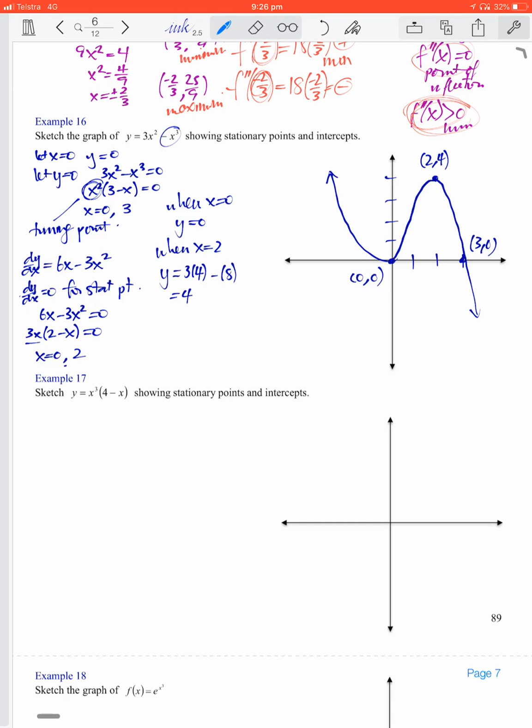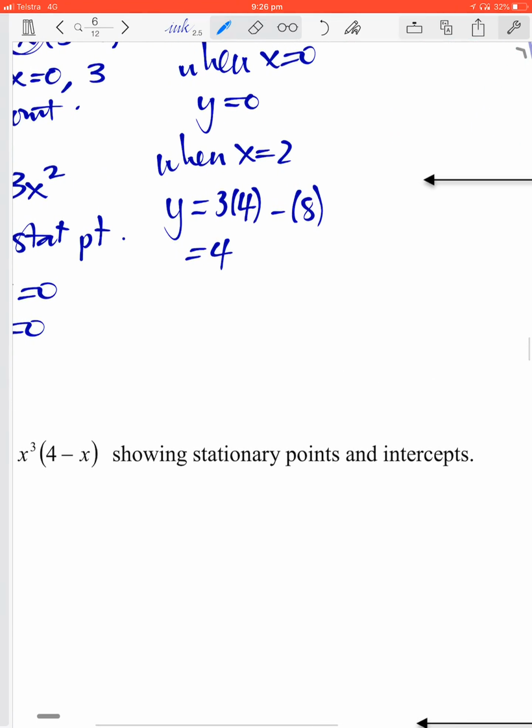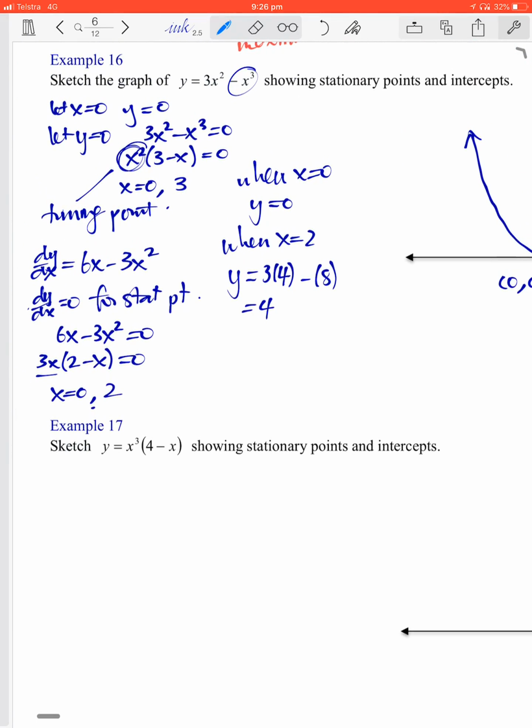Okay, because we knew this was a repeated factor, now we can prove that this is a max and that's a min. First, let's find our second derivative. Just like with f double dash of x, the second derivative of dy dx is d squared y dx squared, because we're deriving it with respect to x twice.